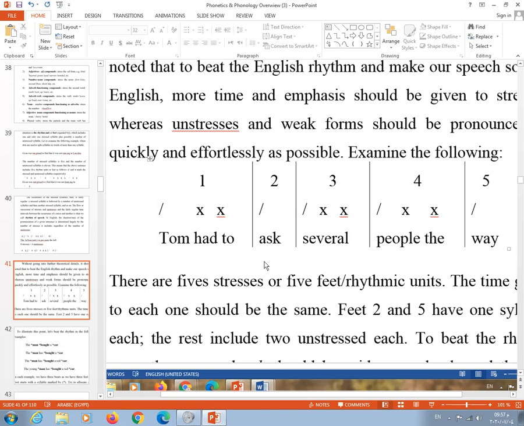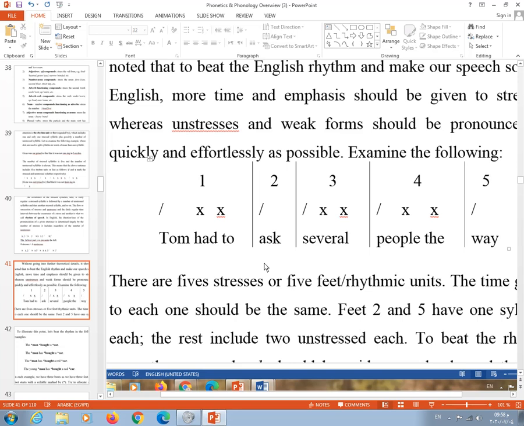And why? Because if the unstressed syllables were given the same amount of time and the same amount of energy, this would give both the speaker and the listener a very hard time while speaking and listening, and it would take so much time, and the rhythm and the music of the language would be destroyed.